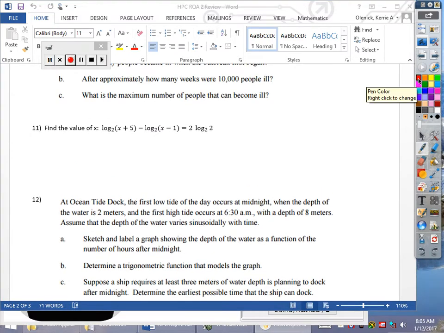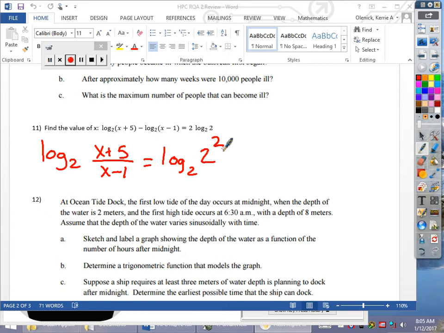Here we go. Okay, so first thing I'm going to do is condense. So log 2 of x plus 5 over x minus 1 equals log 2 of 2 squared. Yes? Now what can I do? What can I do?